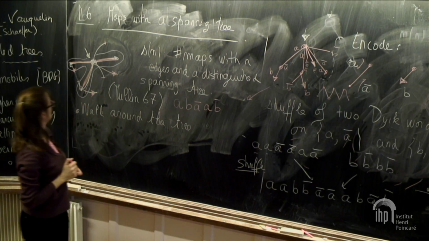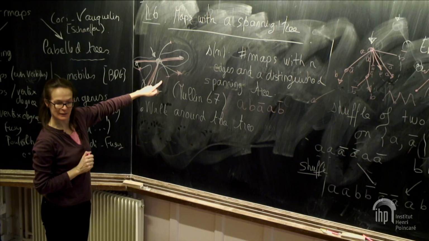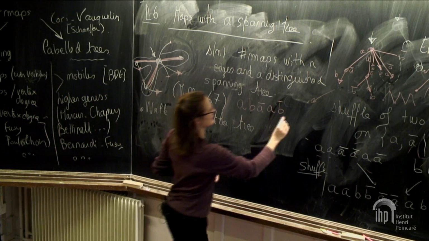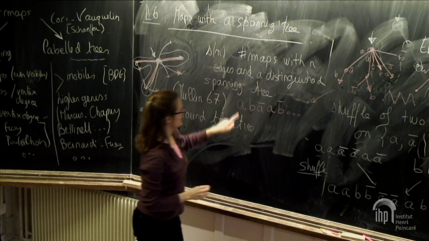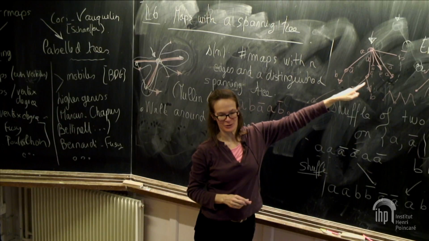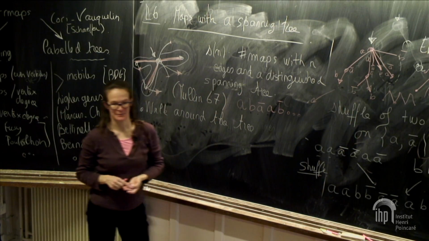But if you look at the translation you had on the left. Yeah, so that's not finished. Then I decided to draw it directly on the tree. So that's not finished.